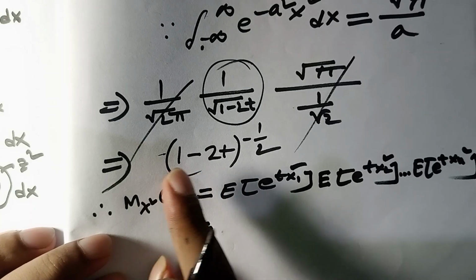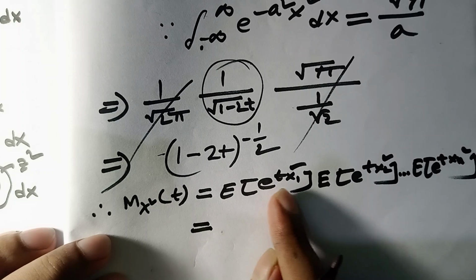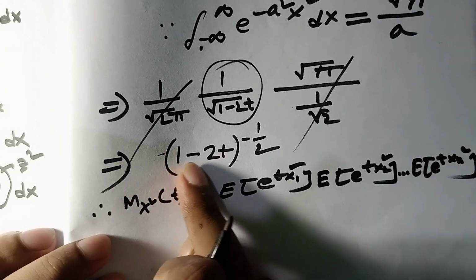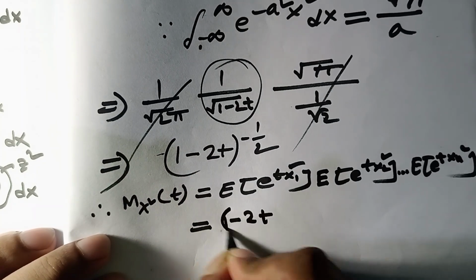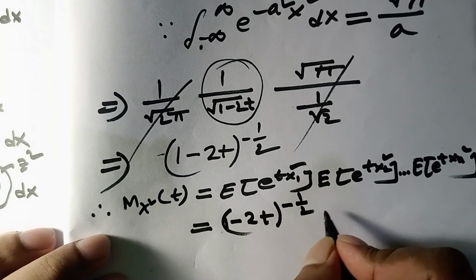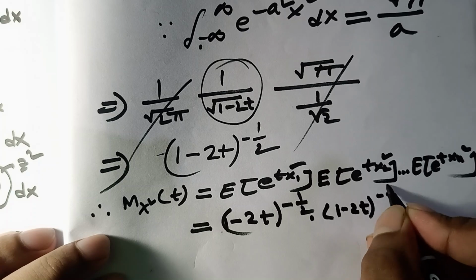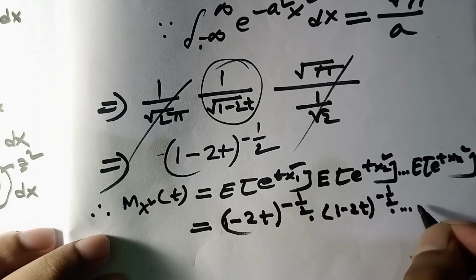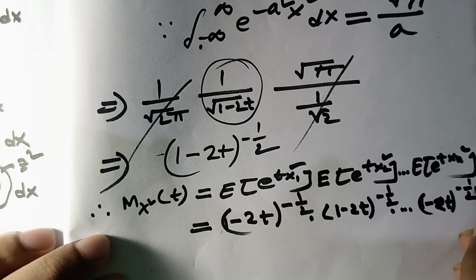I already mentioned that I find the general term for each term. For each x1 and x2 it will be the same because there is no variable inside. So I can write (1 minus 2t) to the power minus half into (1 minus 2t) to the power minus half into dot dot dot up to (1 minus 2t) to the power minus half.